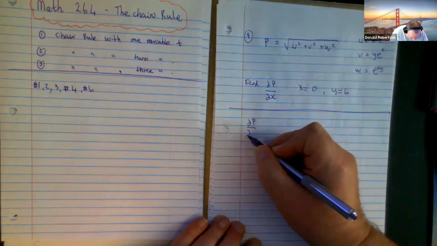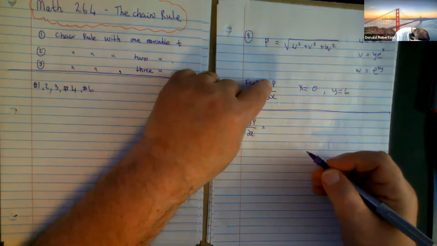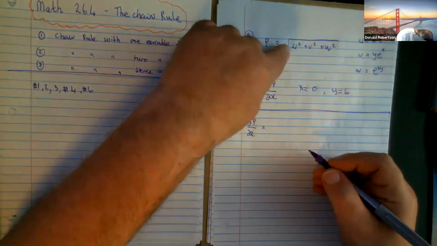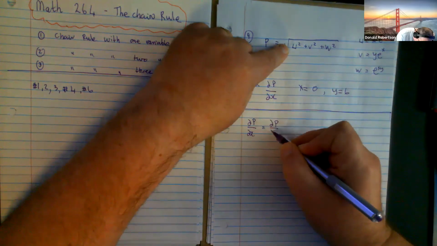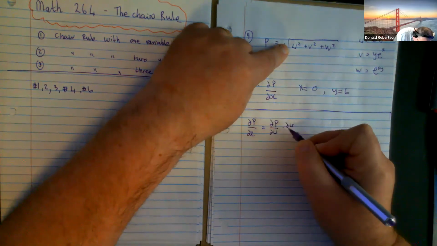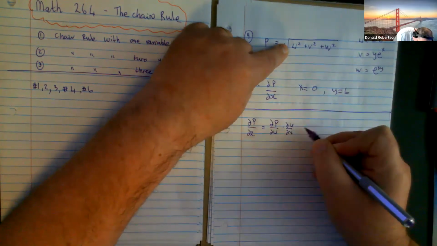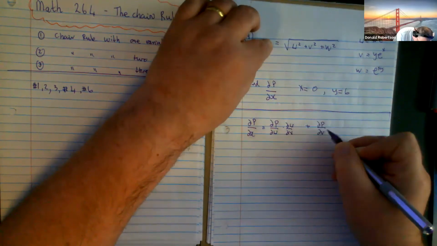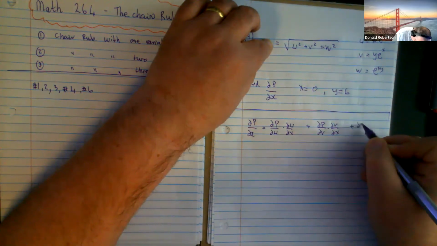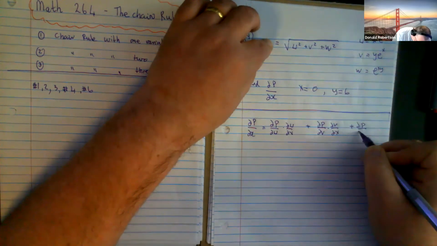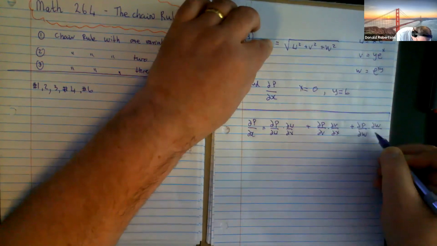Okay, so I want to find P with respect to X. Well, what I'm going to have to do first is that guy and then do him with respect to X. Then that guy here with V and do the V with respect to X. And then that guy W and then do dW by dx.